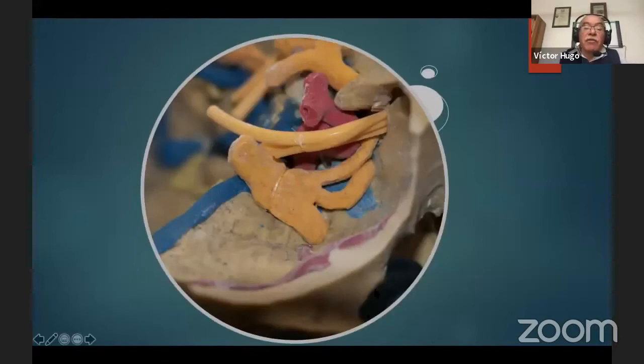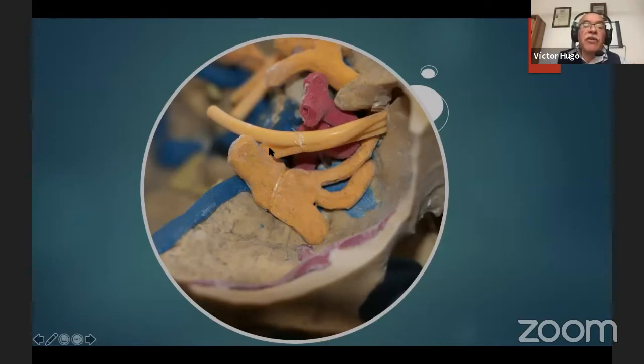So, like in this case, if we make a very basal approach, we are going to see these nerves with less retraction of the temporal lobe. Here we have the fifth cranial nerve, third, fourth, and fifth.